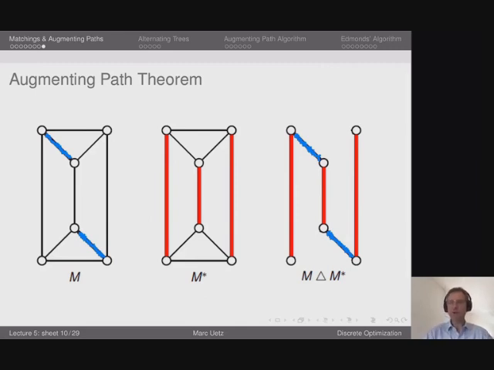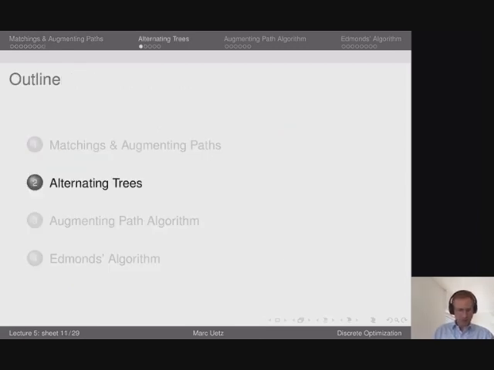So the algorithmic task that we actually have is we have to be able to find these M augmenting paths. So given an arbitrary matching, how do we find an M augmenting path? And that is what will be done by using so-called alternating trees. So having Berge's theorem characterization of maximum size matchings, we exactly know how we want to compute such matchings.